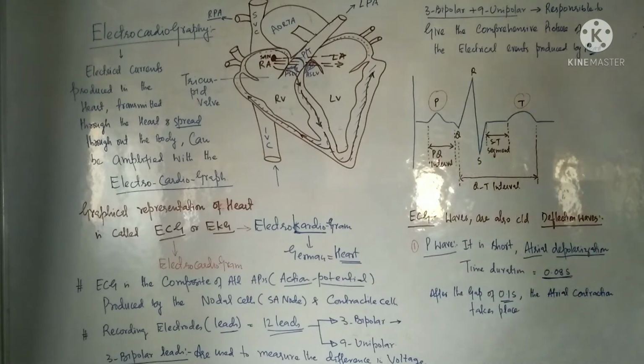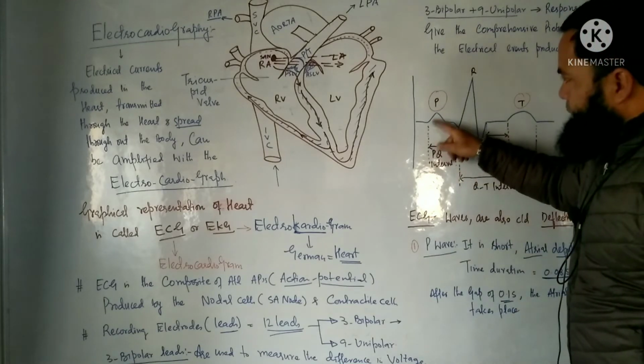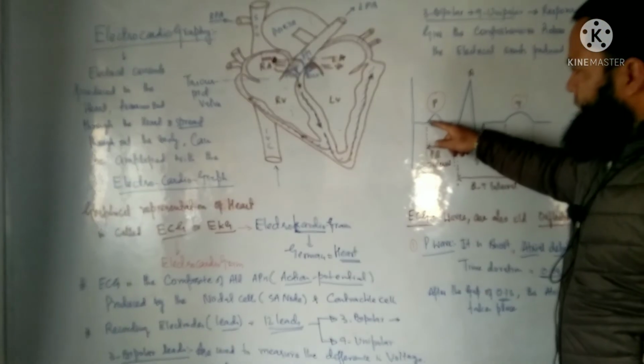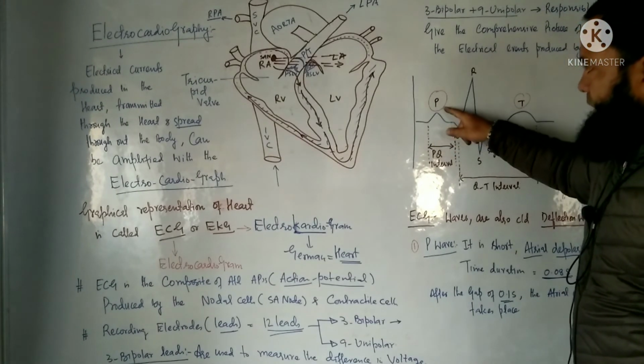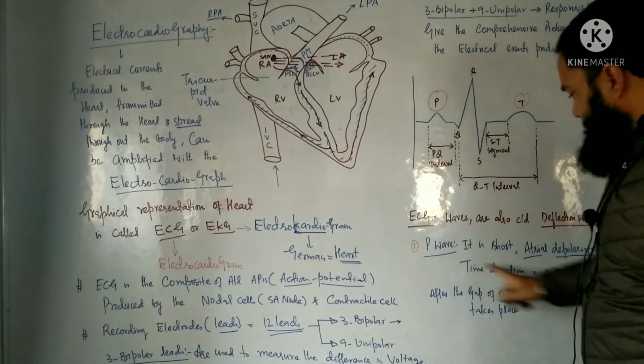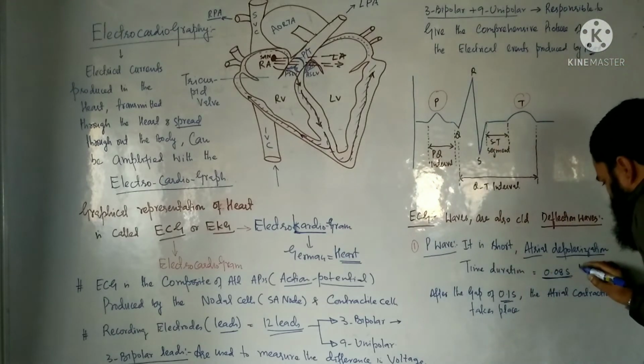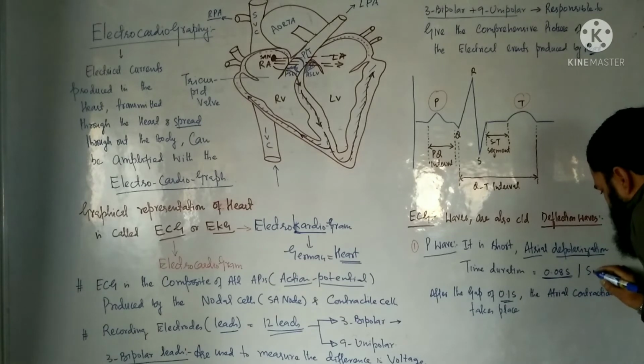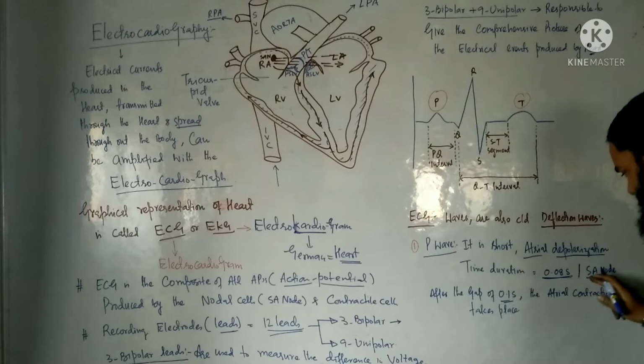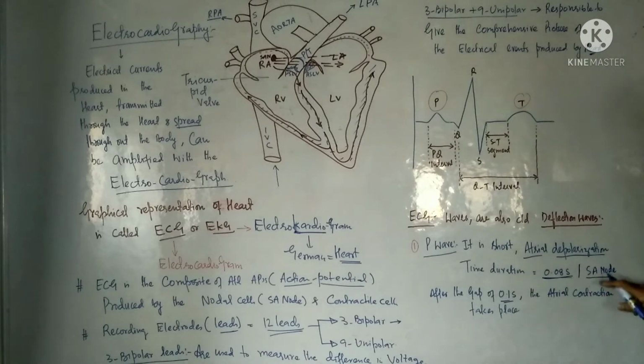Once again, I will tell you, this is the P wave. Here is an amplitude, and this P wave means the atrial depolarization. Atrial depolarization gets started in the sino-atrial node, which is found in the right atrium.